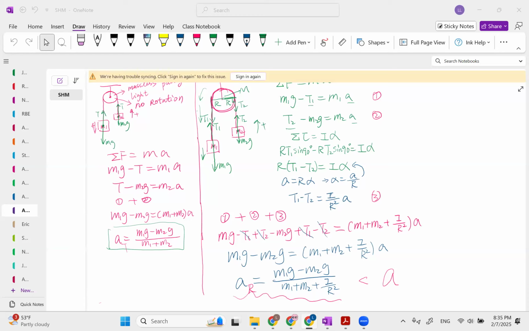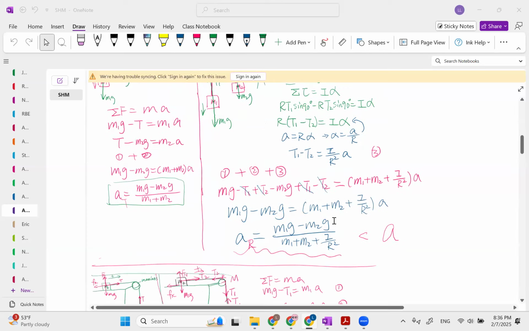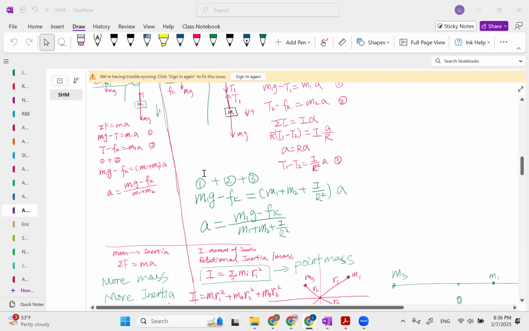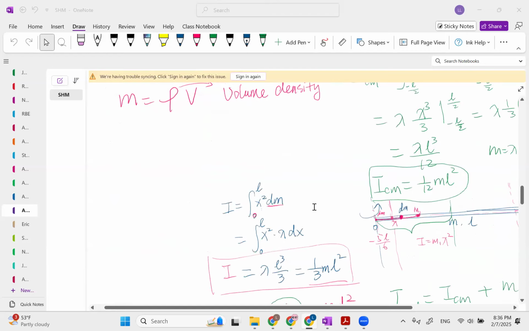Then you can just use m1g minus T1 equals m1a. And then R T1 sine 90 minus R T2 sine 90. And then you can apply it in the horizontal pulley and vertical pulley.